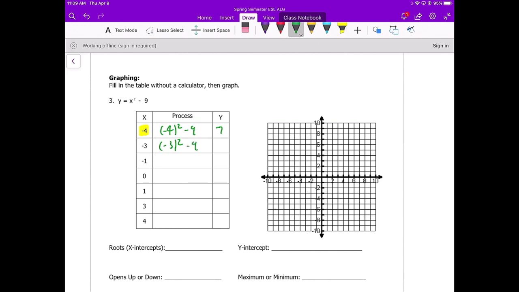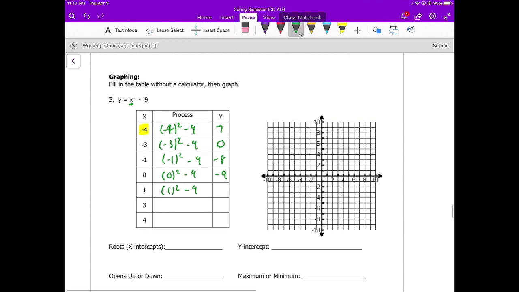So again, substituting in the values for x right here. That's 9, and 9 take away 9 is 0. And so we would just continue with the pattern of substituting the values for x to find the value for y, right? And eventually you might be able to just use a Desmos calculator or your own phone calculator to kind of work through these faster.